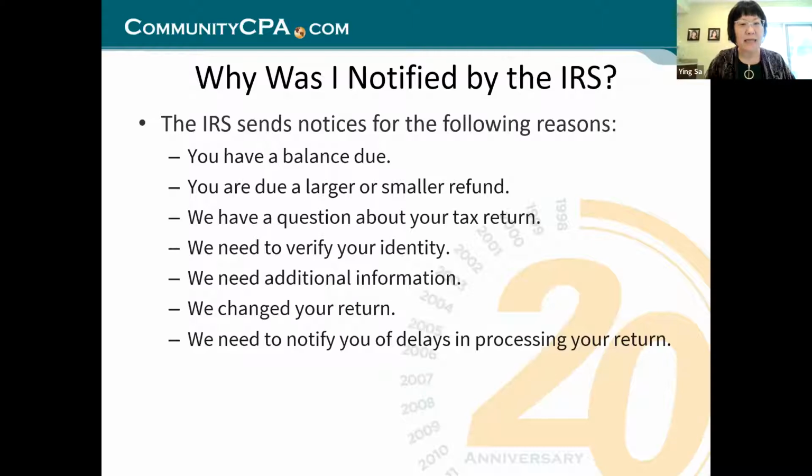So now, why was I notified by the IRS? The common reason you get a letter with the IRS logo is because you have a balance due, or you are due a larger or smaller refund, or maybe your bank account is wrong and they couldn't deposit for you, or the IRS has questions about your tax return.